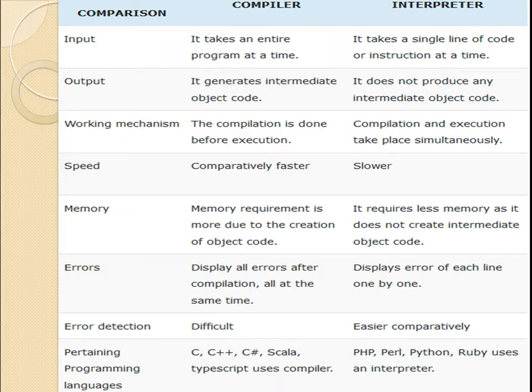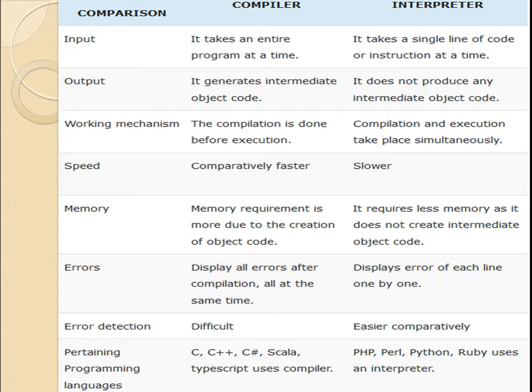Compiler is comparatively faster, whereas interpreter is a bit slower. Memory requirement in compiler is more because object code is generated in between, whereas interpreter requires less memory because no object code is generated. Errors, I have already told you, compiler displays all the errors at the same time, while interpreter displays error of each line one by one.